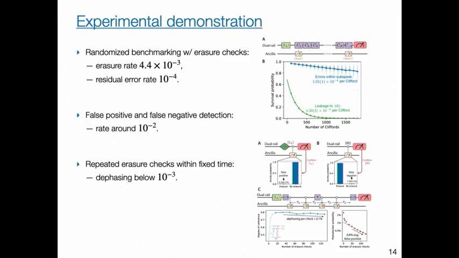And we saw that the dephasing is below 10 to the minus 3. So if we compare this to a previous slide, we see that the performance with the dual rail qubit is already compatible with the QEC targets that we need to be able to benefit from the erasure qubit.